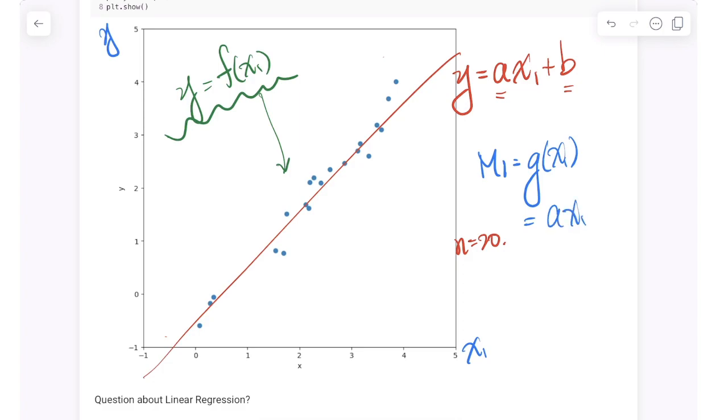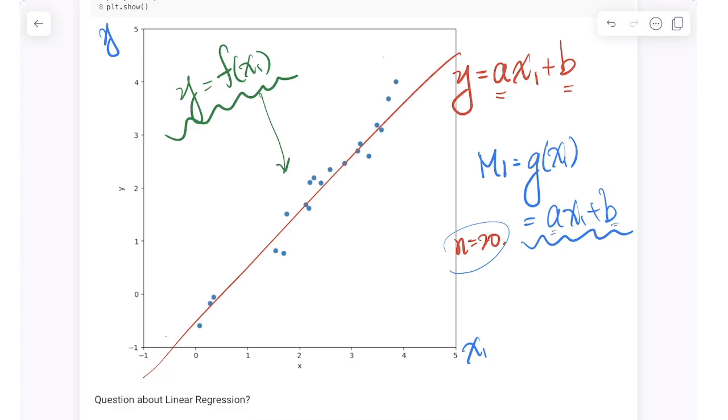We use a very simple mathematical way to describe this line, and it describes these 20 data points. We wish g will be very similar to the oracle function, which is the f function. So we use these 20 points to figure out what the slope is and what the intercept is.